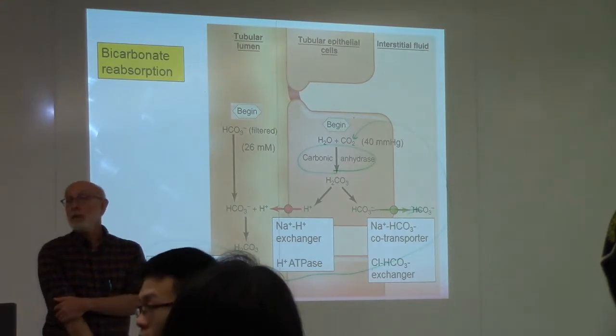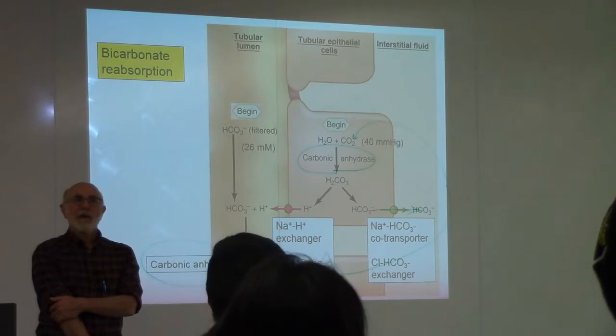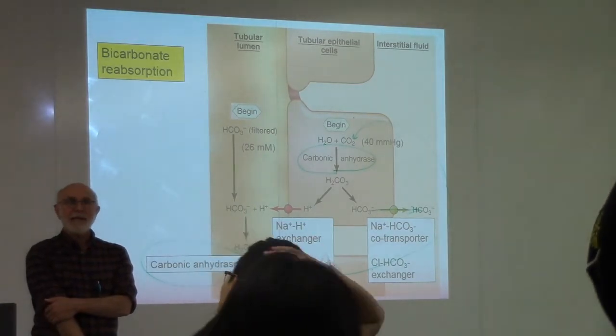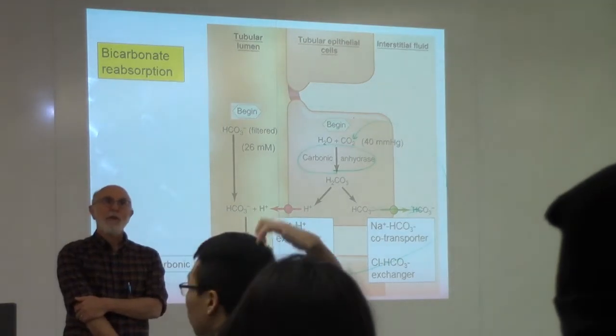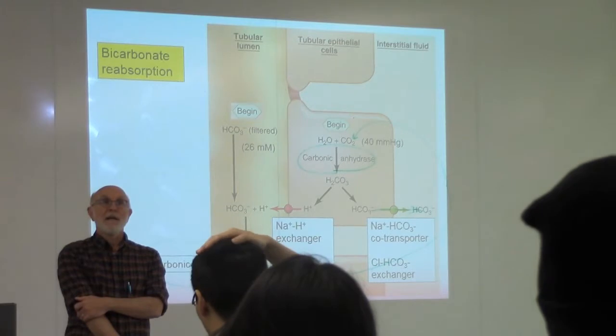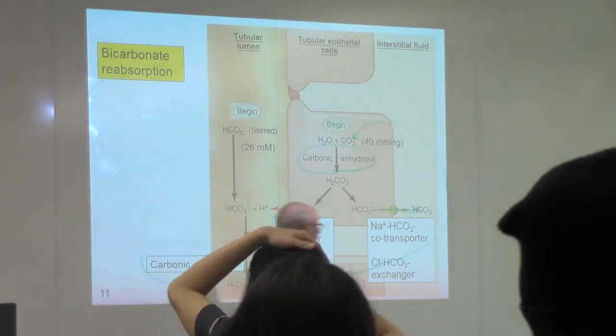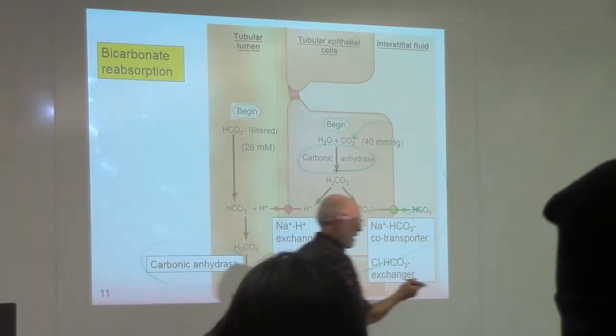Yes? Did you say how much bicarbonate is reabsorbed too? How much bicarbonate what? Is reabsorbed? Like how much? It depends. So I didn't say, and it depends. Bicarbonate reabsorption is controlled by the body's need to reabsorb bicarbonate. So let's remember the Davenport diagram.